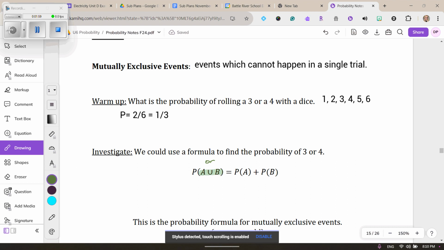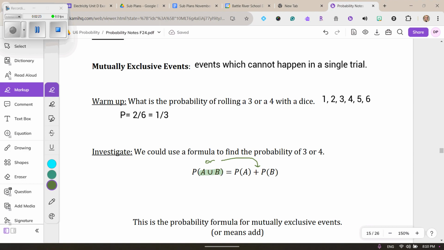So here, when we have union, it means the probability of A or B. And or, we also remember from our previous unit, means add. So anytime we're talking about this or that, we are going to add the probabilities together when the events are mutually exclusive. I have that down below, but this is the formula for mutually exclusive events.